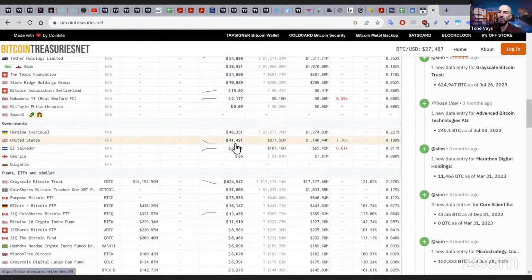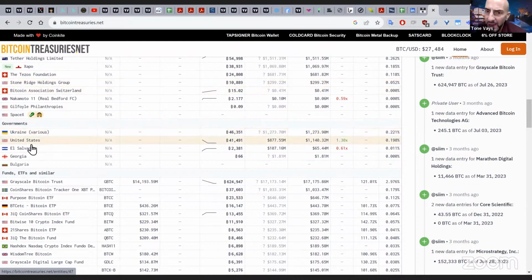This is different than the US. The US does have 41,000 Bitcoin. This is verifiable. They will probably sell it. They're not going to use it for the benefit of their people, but the United States is holding 41,000 Bitcoin that technically belongs to the people. If Ukraine happens to be holding 46,000 Bitcoin, it is certainly not for the benefit of their people, right?